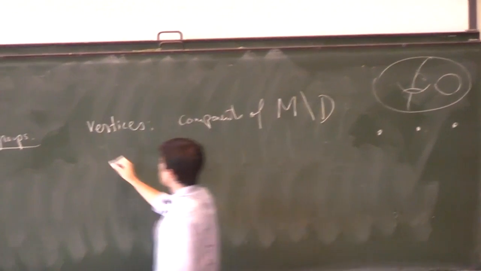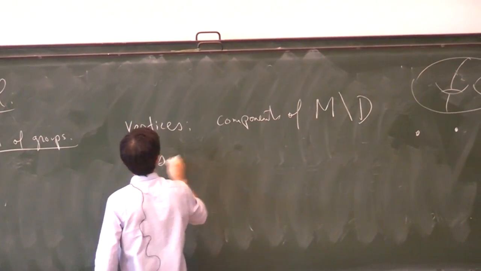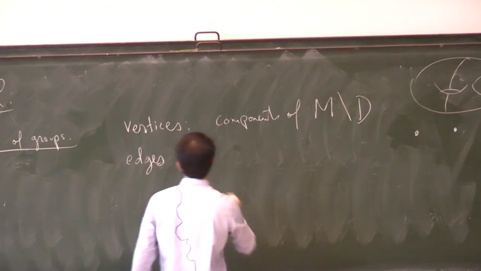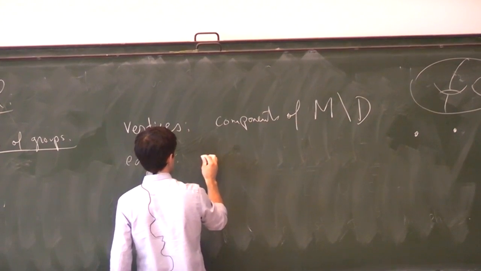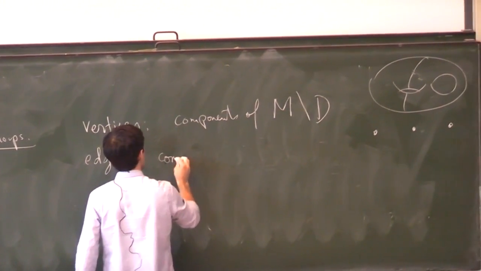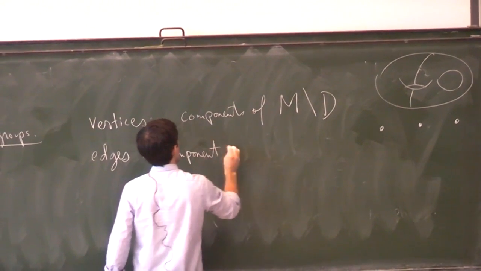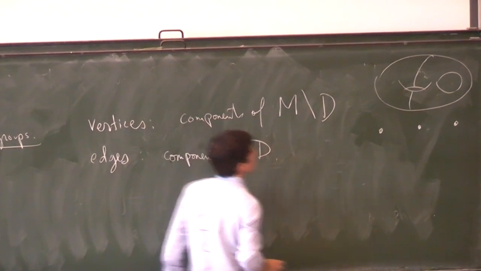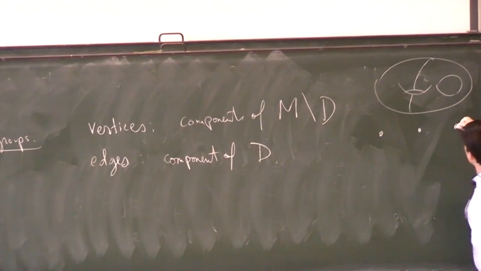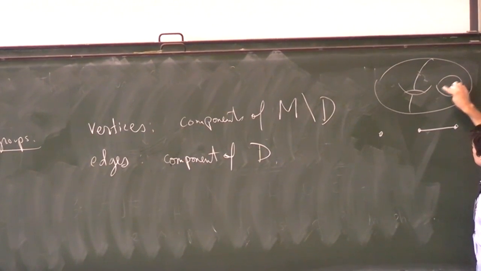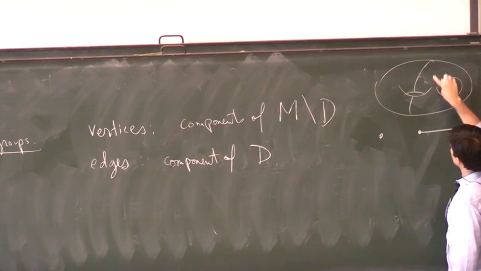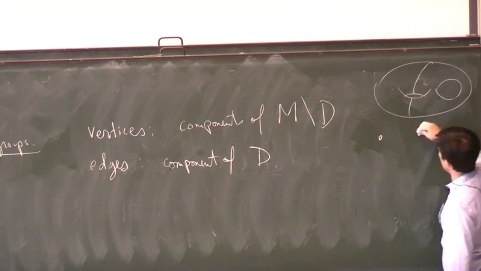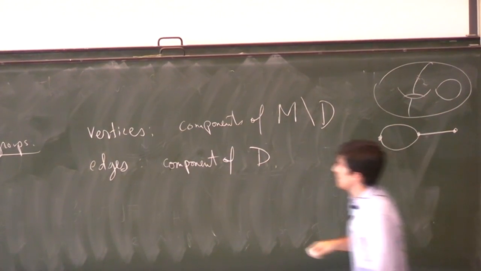Edges: you would have one edge for each component of D. So here I would have one edge connecting this to this, and this component would be connected to this one with two edges, so I have two edges like this.